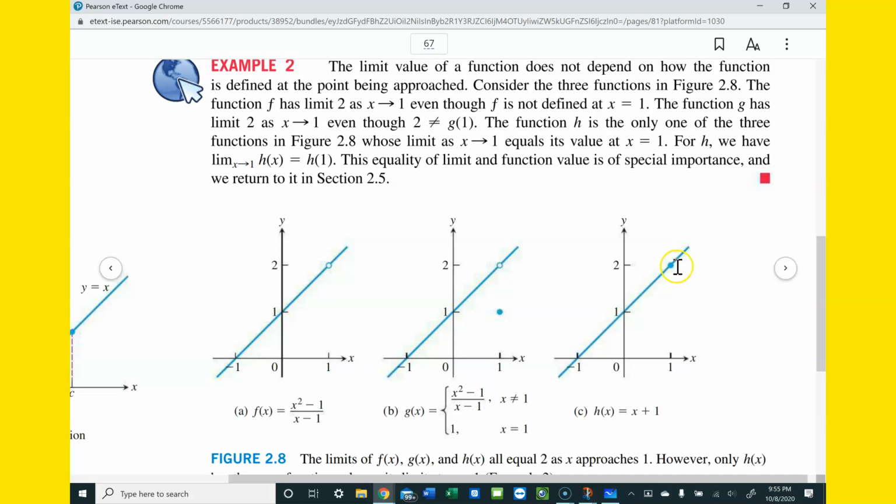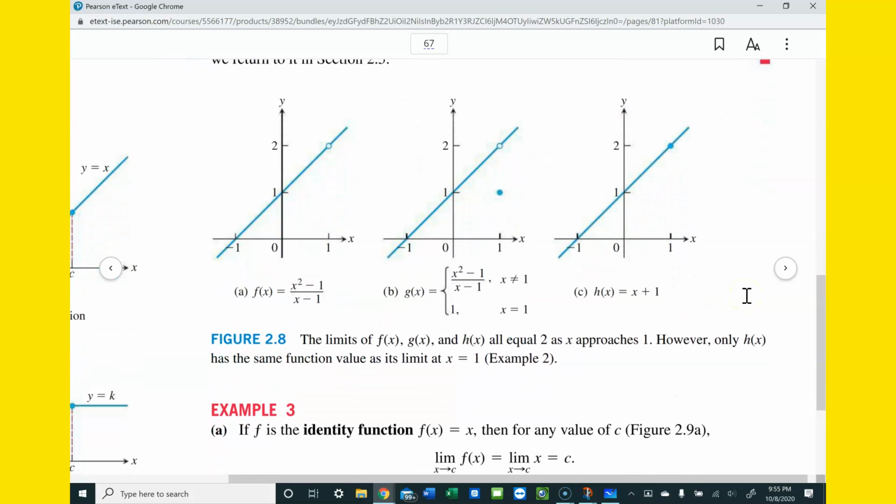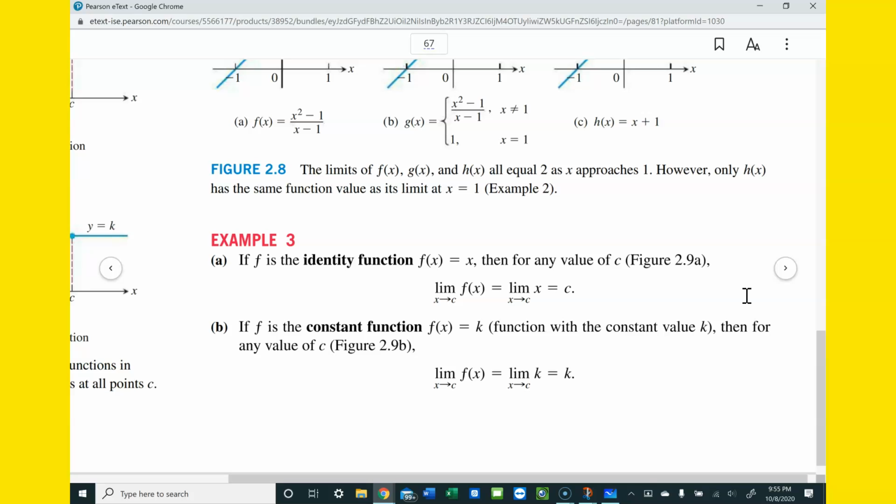The value of h of x when x is 1 is 2, and the limit of h of x when x is 1 is also 2. It just so happens that the limiting value and the actual function value are the same in this case. But even when that's not true, the limiting value does not depend on the actual value of the function. Okay?